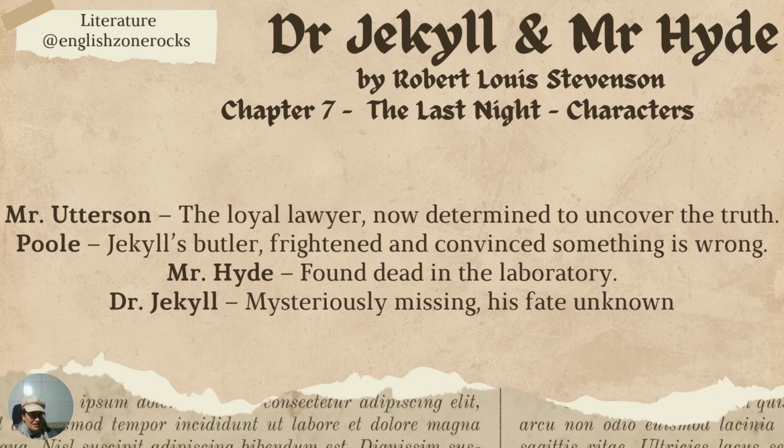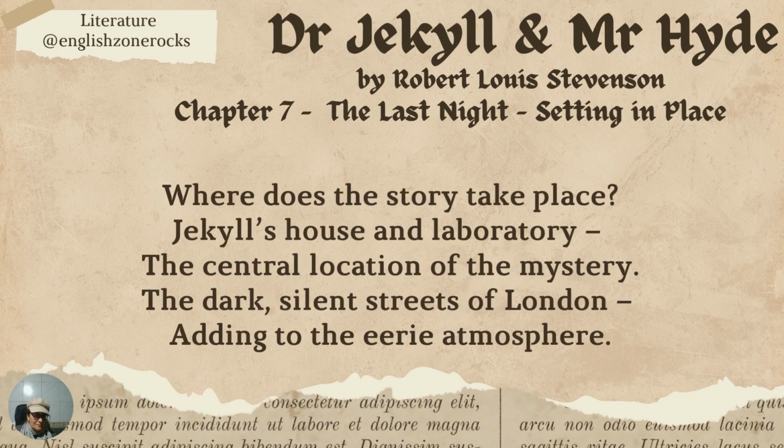Poole, Jekyll's butler, frightened and convinced something is wrong. And he has been Dr. Jekyll's butler for 20 years, a very long time. Mr. Hyde, found dead in the laboratory. Dr. Jekyll, mysteriously missing, his fate unknown.